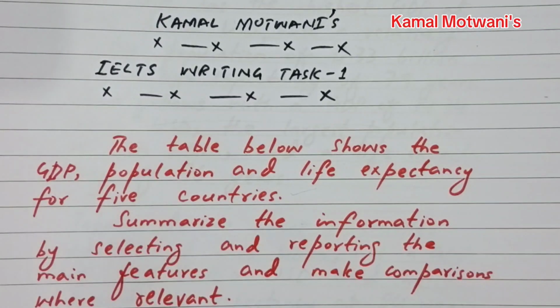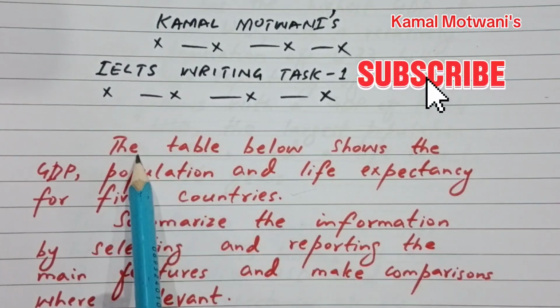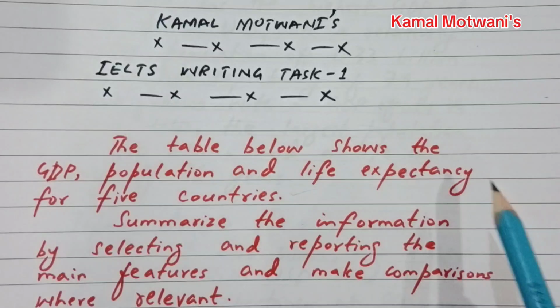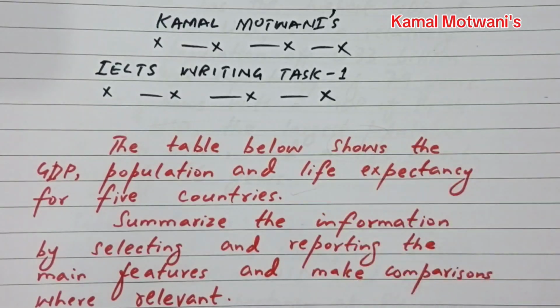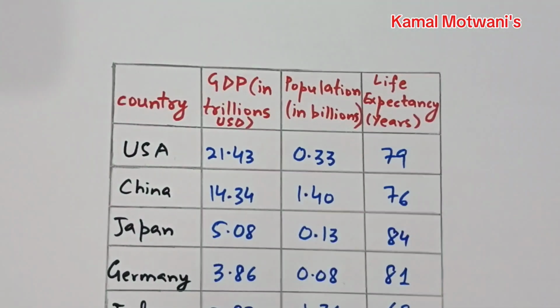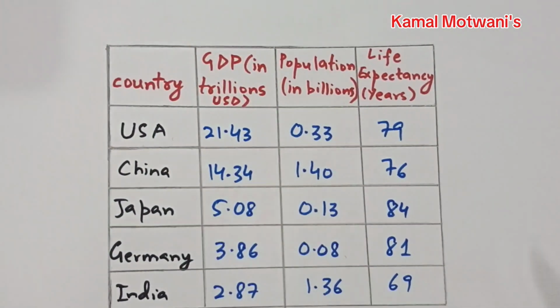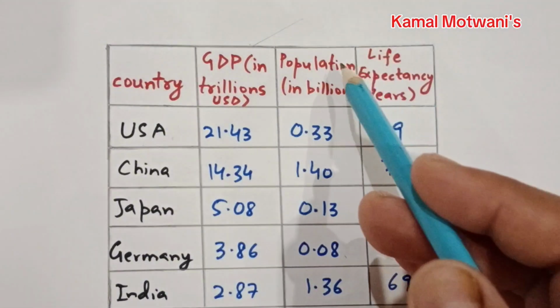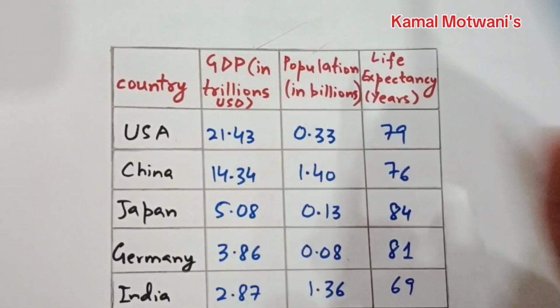Okay, let's reread it. The table below shows the GDP, population, and life expectancy for 5 countries. Now I will replace the word shows with illustrate, and then I will use different terms like demographic and economic, because the variables used in this table, like GDP, pertain to economics, and the population pertains to demographics.